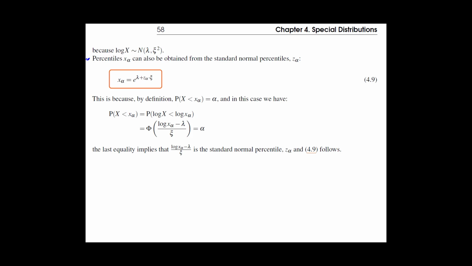So you get to here, and this implies that this has to be zeta of alpha. That's kind of the key here. So we know how to compute percentiles as well.